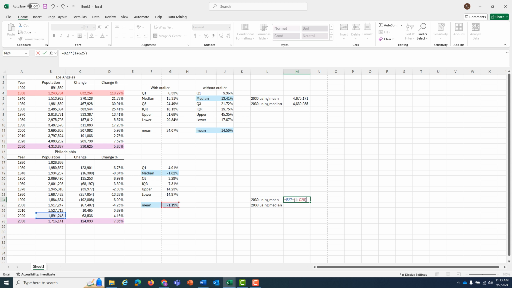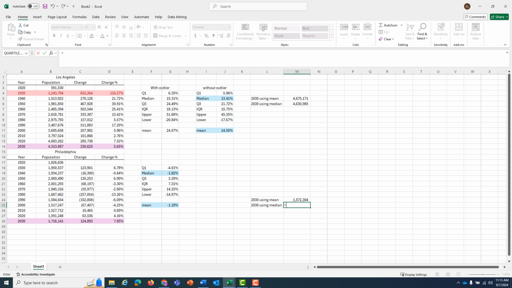That's our average over that period of time. And we come up with 1,572,304 people, if we round off, is what our model, if you will, is projecting that Philly's population will be, using the mean change that they've had every 10 years for the last 100 years.